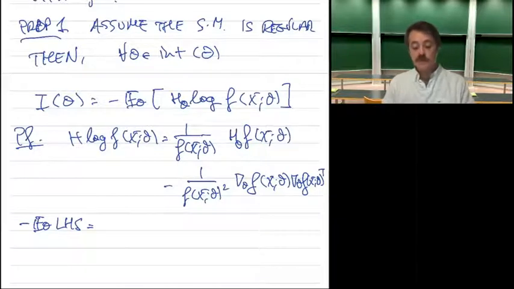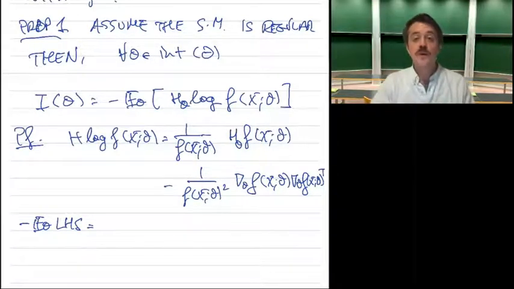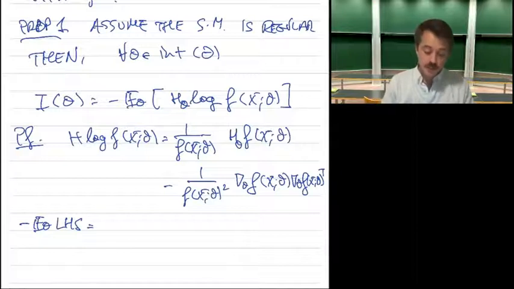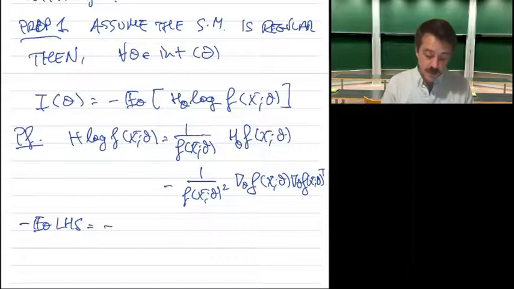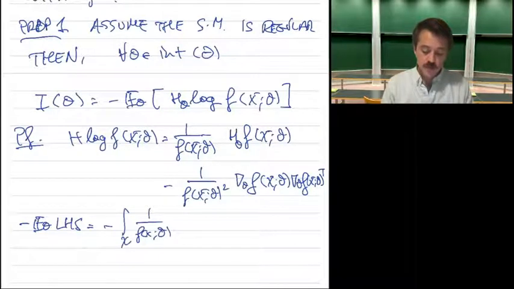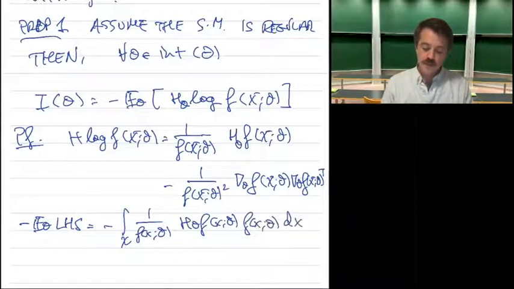Let me do the proof for continuous random variables; for discrete it's literally the same with an infinite sum. So this is given by minus the integral of 1 over f(x, theta), over the sample space, times the Hessian in theta, times another f, dx.